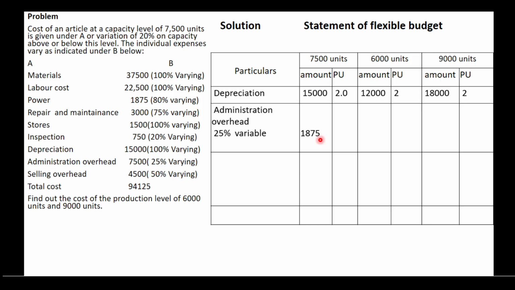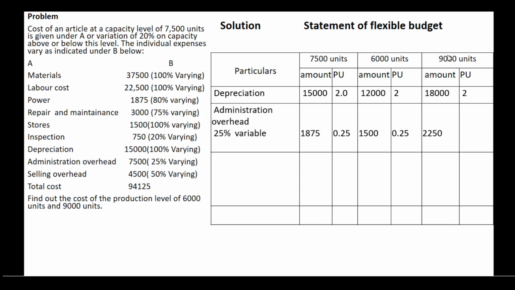Using this amount, we find out cost per unit. 1,875 divided by 7,500. So the cost per unit are 0.25. And this 0.25 is constant in all levels. For the 6,000 units, the cost per unit 0.25 into 6,000. So now the amount are rupees 1,500.